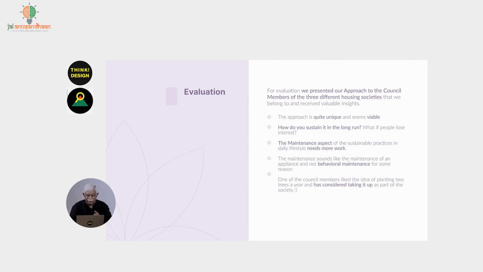It's initially very nice to start planting trees, but in the long term, how do you do maintenance? They also thought that you need to look at the change in behavior here, which is a very important factor. And some of the societies even said that what you suggested, they will probably consider taking up in their society.